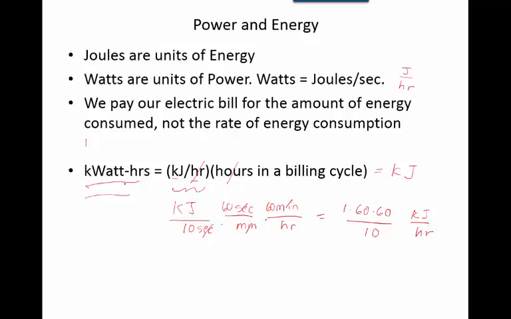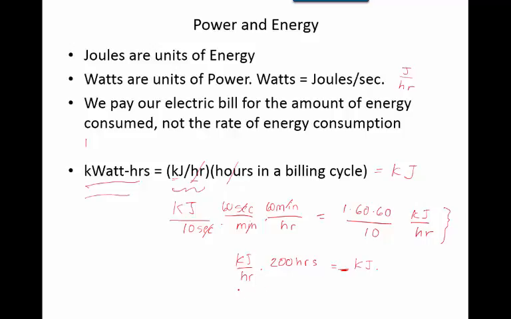So I converted kilojoules, which is a joule per second, into units of kilojoules per hour. Now I'm using this many kilojoules every hour, and I did it for 200 hours, which means my answer is in kilojoules, some number of kilojoules.